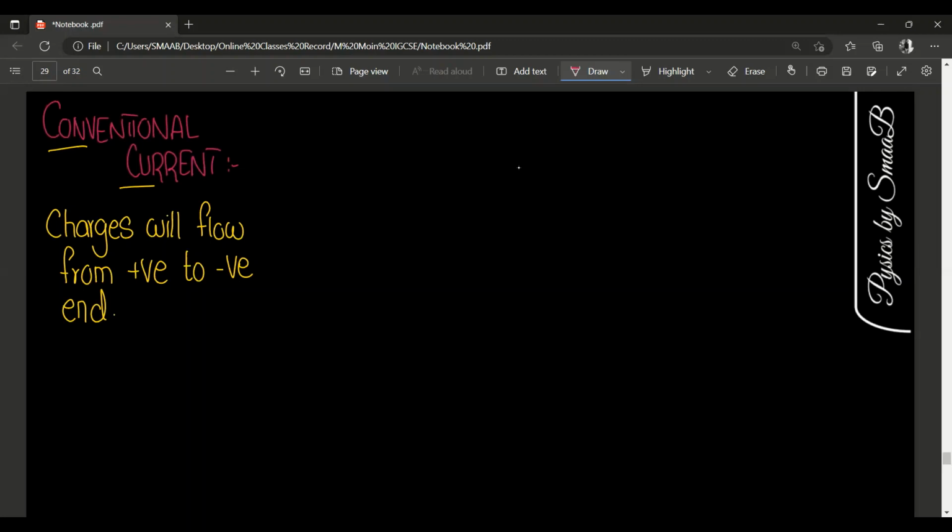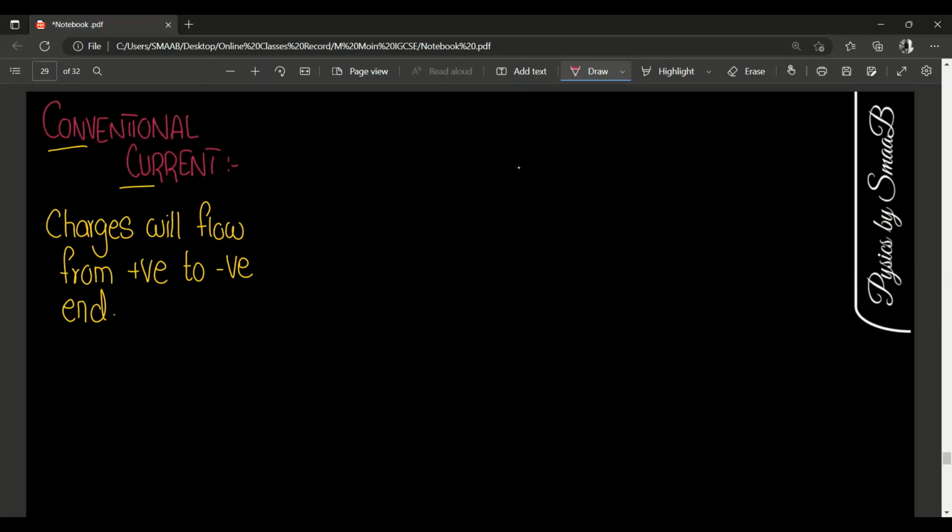Thanks. When we solve the questions, you will observe that in many questions they ask you to draw electron flow, because in a hurry or in the excitement of the exam, students try to draw from positive to negative. They realize they were asked about electron flow in the paper and they drew from positive to negative, so that becomes wrong, right? That's why we need to know that there are two different types of flow.